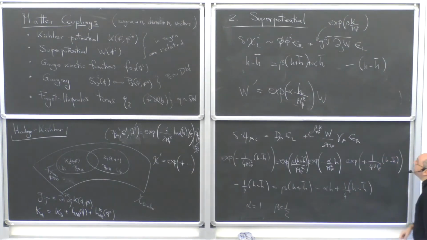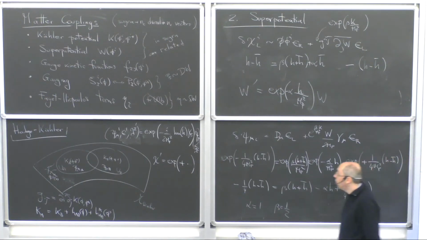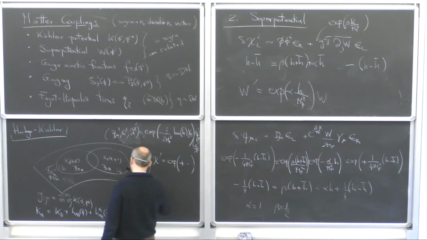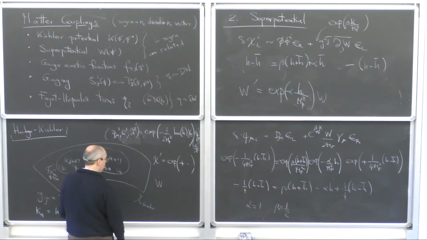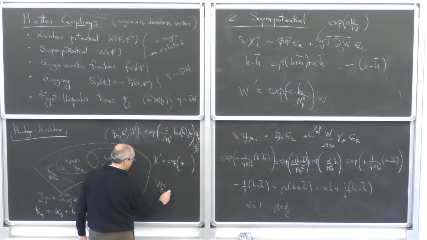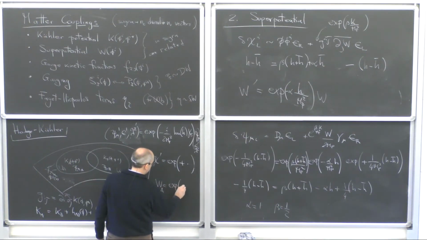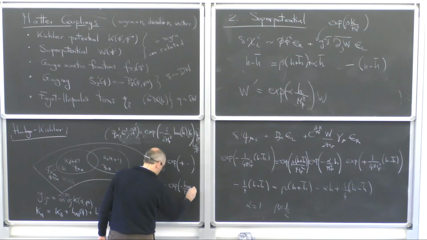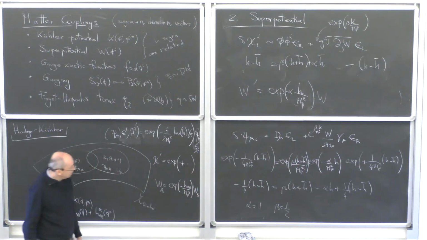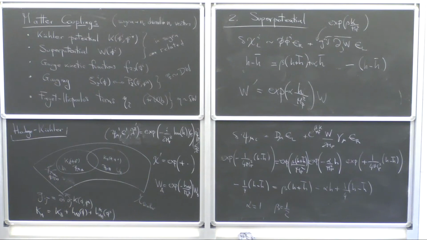But the point is that the first thing you have to do is to dress the superpotential, because also the superpotential transforms. So when you do a Kähler transformation, you will also have that the superpotential is going to be transformed by the Kähler transformation, by the same holomorphic function that appears in the Kähler transformation.